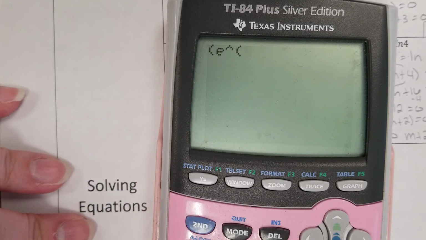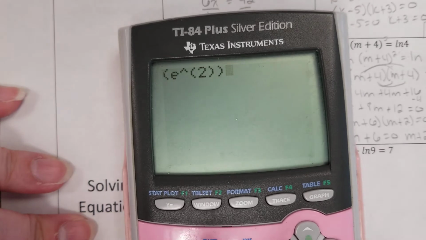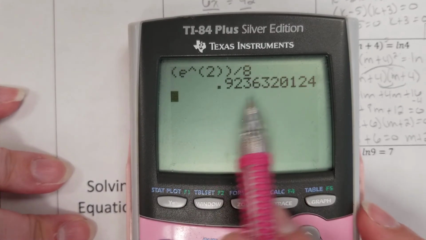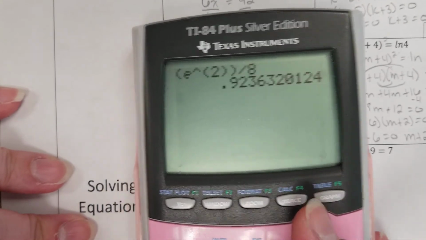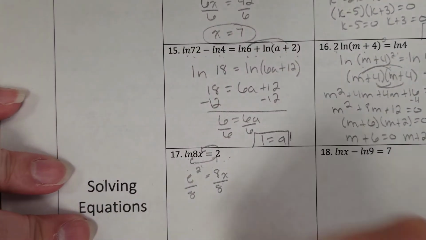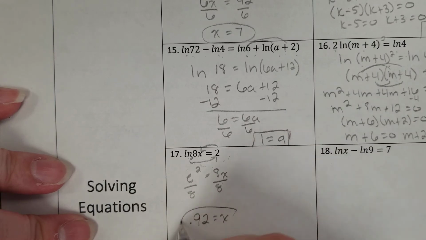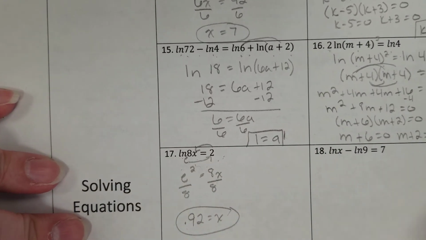Since it's e squared, just put a 2 in there and end both sets of parentheses, and then hit divide by 8. That way you get a more accurate answer. So our answer is 0.92, so 0.92 equals x.